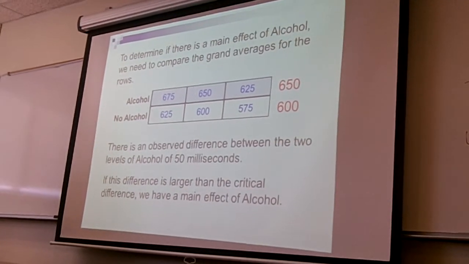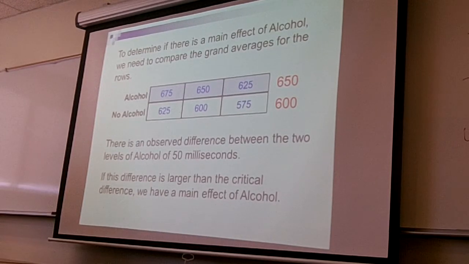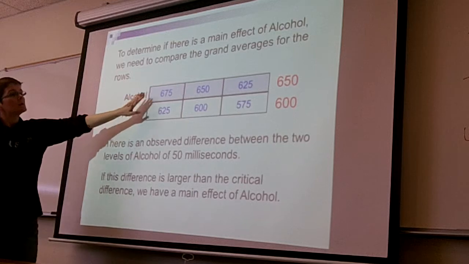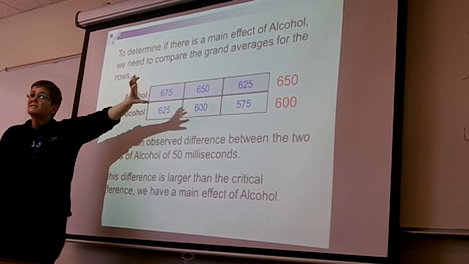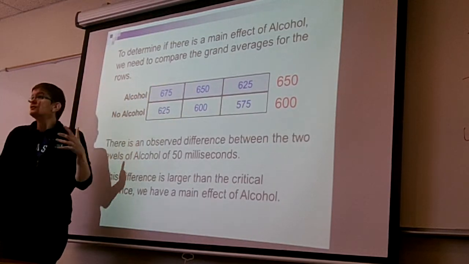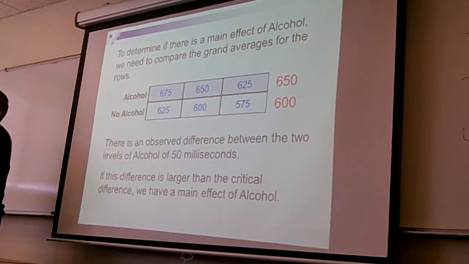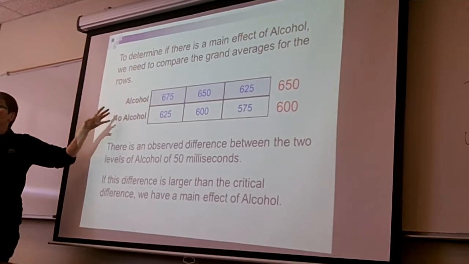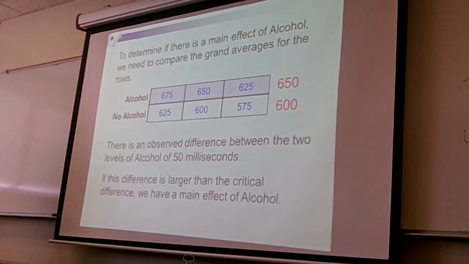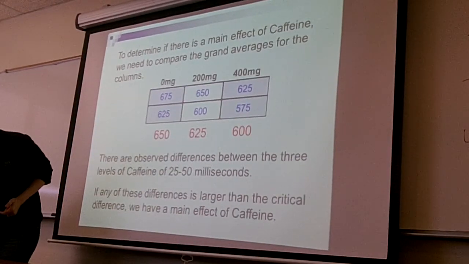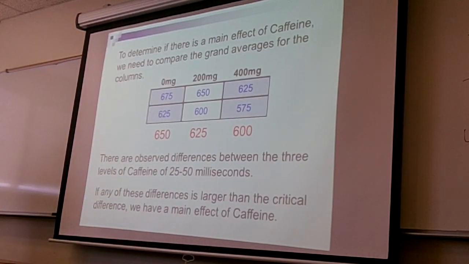Where all you're looking to see is whether the number is bigger than the critical value? So this is how we would consider, just in a very superficial way, the main effect of alcohol. And if this was all we were doing, we'd run a t-test. But that's not all we're doing. We're also doing caffeine.